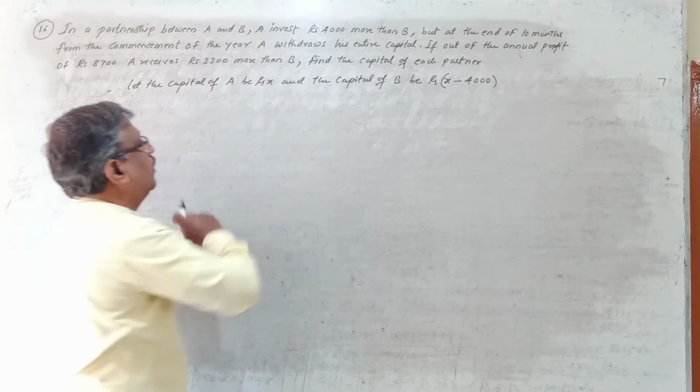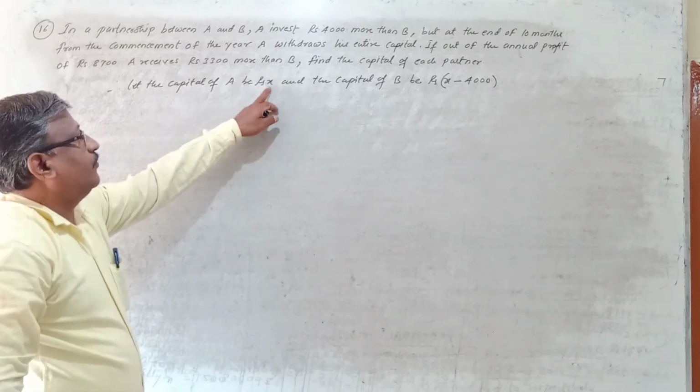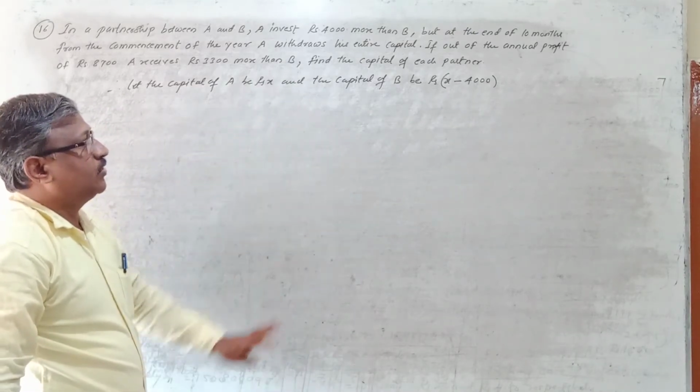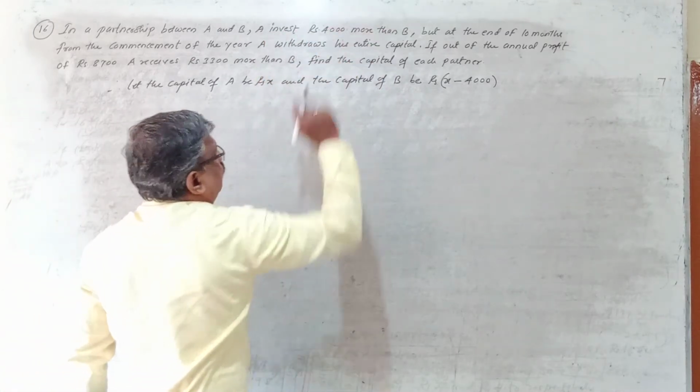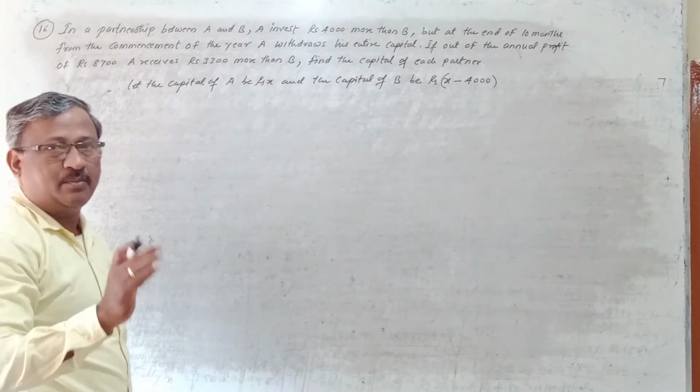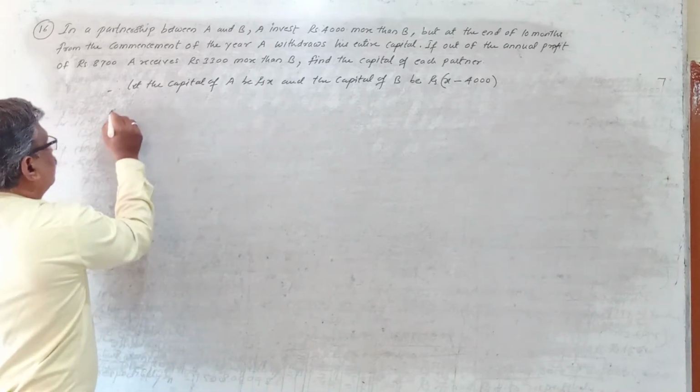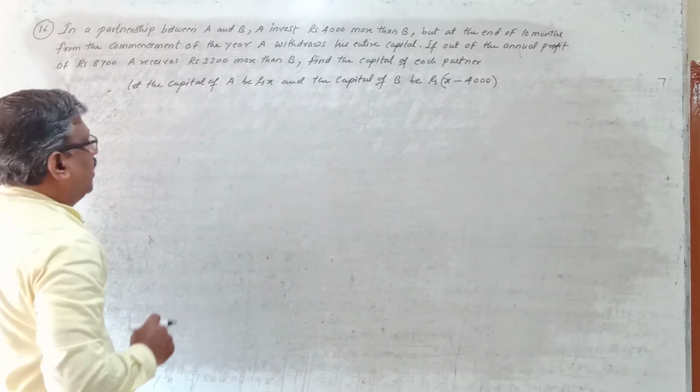Because from A's capital you minus 4,000, we get B's capital, since A invests 4,000 more than B. So A's capital is more, B's capital is less. So these are the capitals, and now what do you have to do?